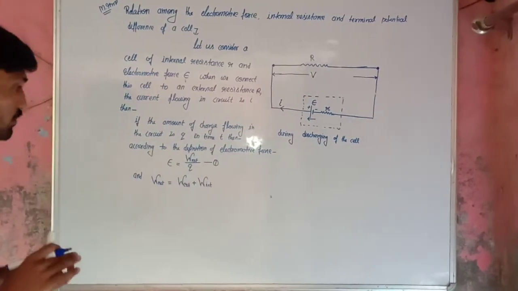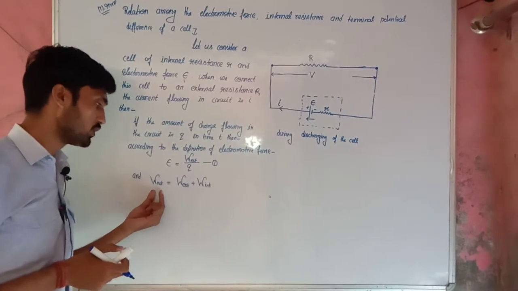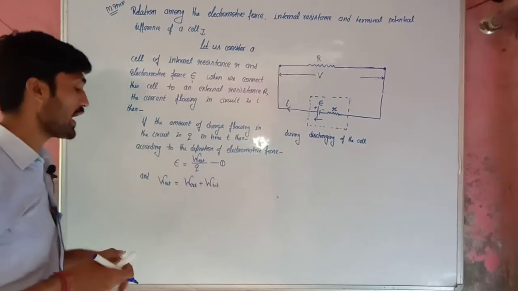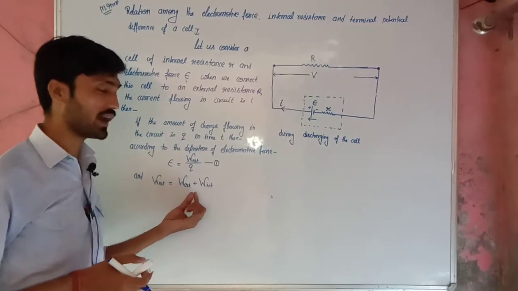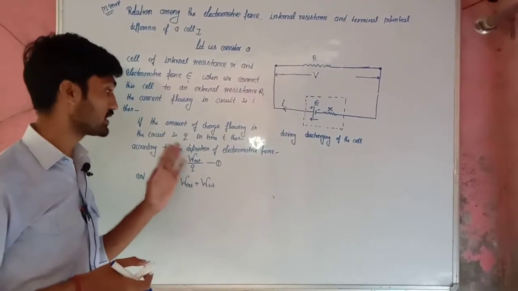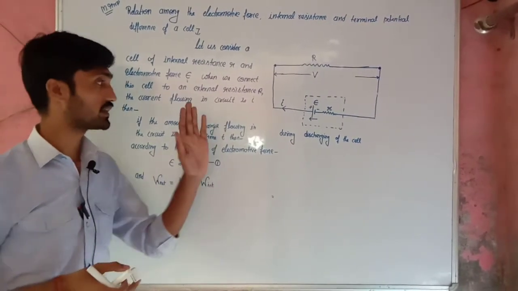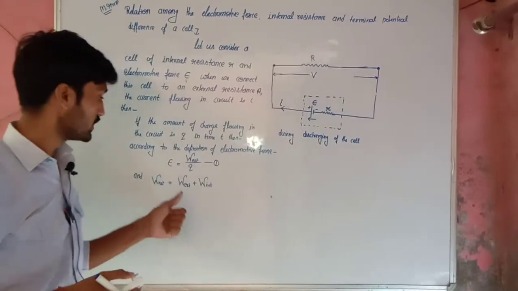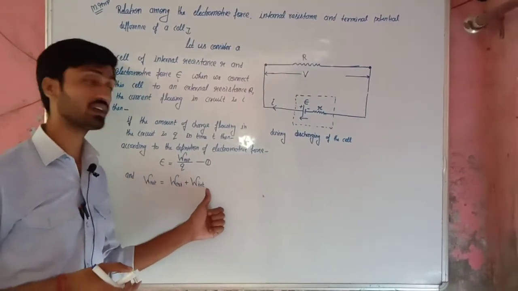To calculate W net, we have to calculate W external, the work done in bringing the charge Q in time t through the external resistance R, and W internal through the internal resistance r. First we will calculate W external and then W internal.